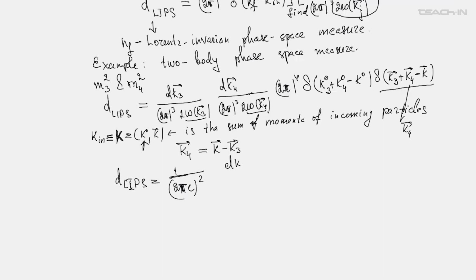So this is 2 by 2 gives me 4, multiplied with k03, k04. And then there is a delta function, which gives me conservation of energy in the scattering process. And so k4 now is not independent. k4 is given by the difference k minus k3.